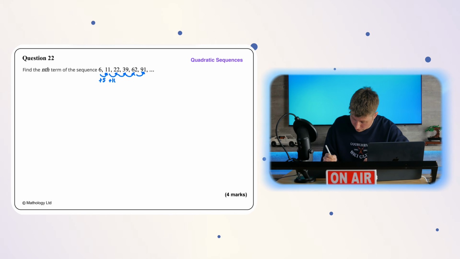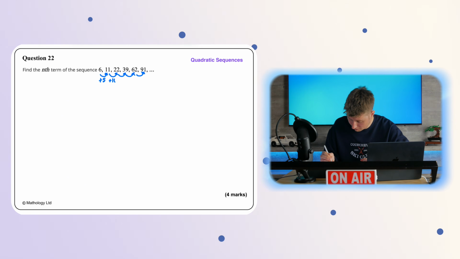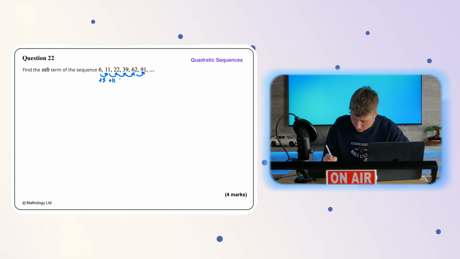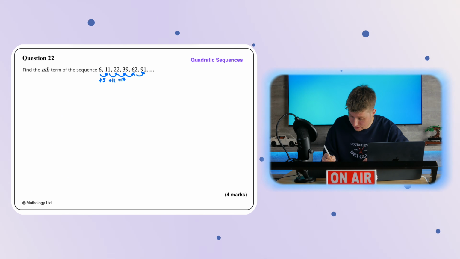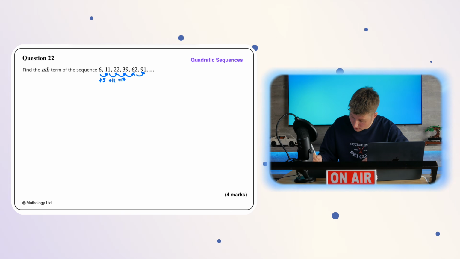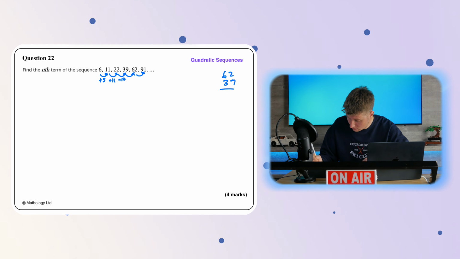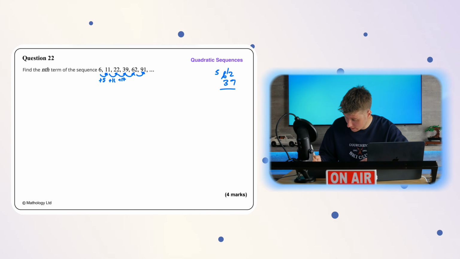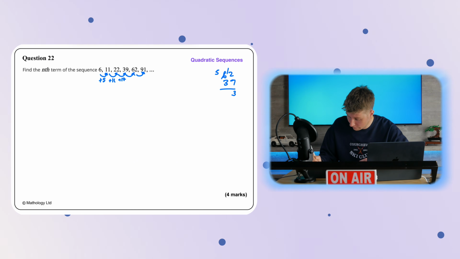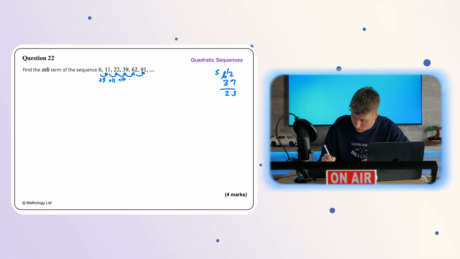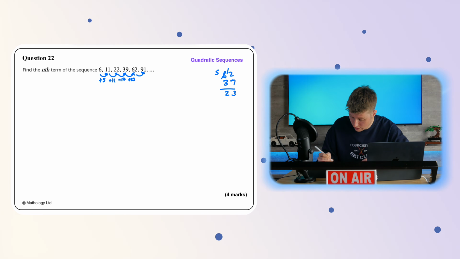The difference between 39 and 22 is essentially 8 plus 9, which is equal to 17. Then 62 subtract 39: 12 minus 9 is 3, and then 5 subtract 3 is 2, so we get 23. And then the difference between 91 and 62 is 29.